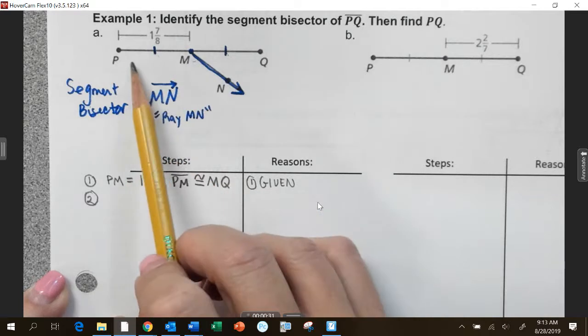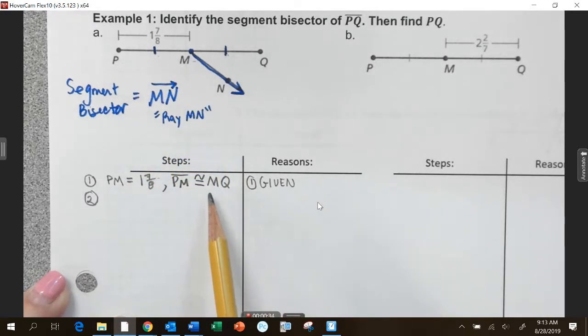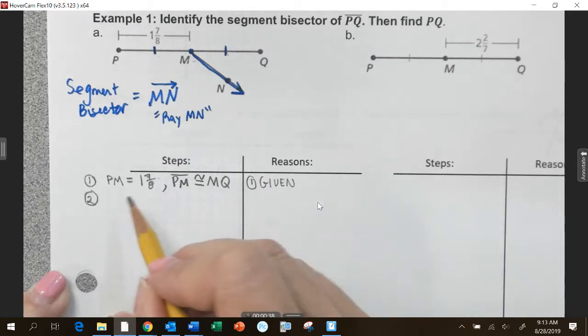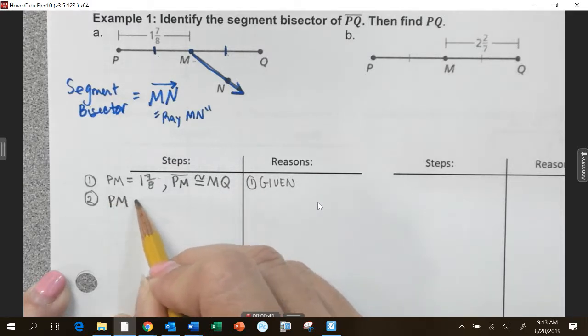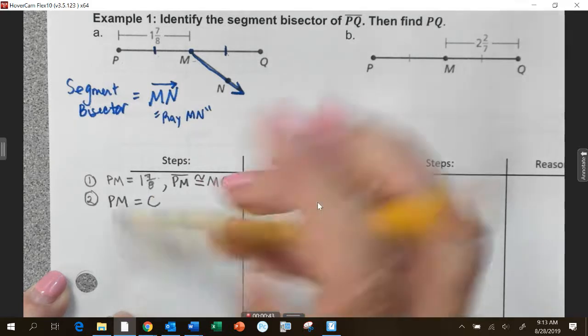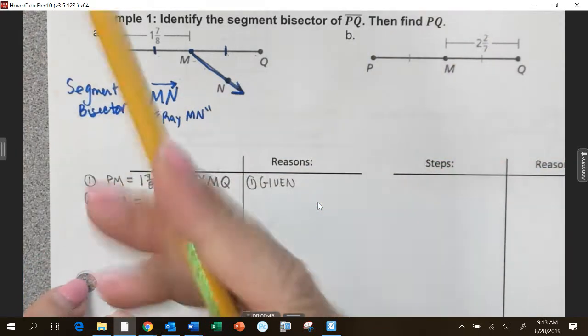Now, because PM is congruent to MQ, I also know that the distance of PM is equal to the distance of MQ.